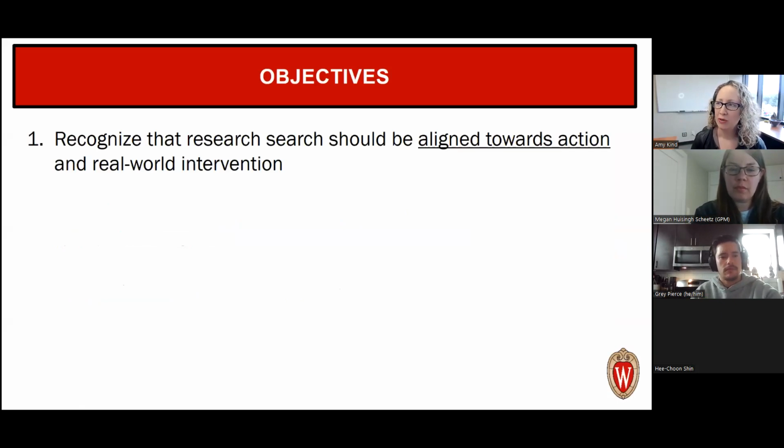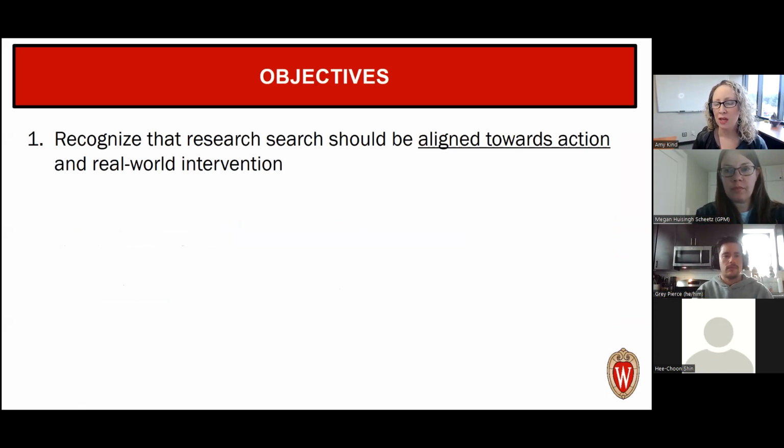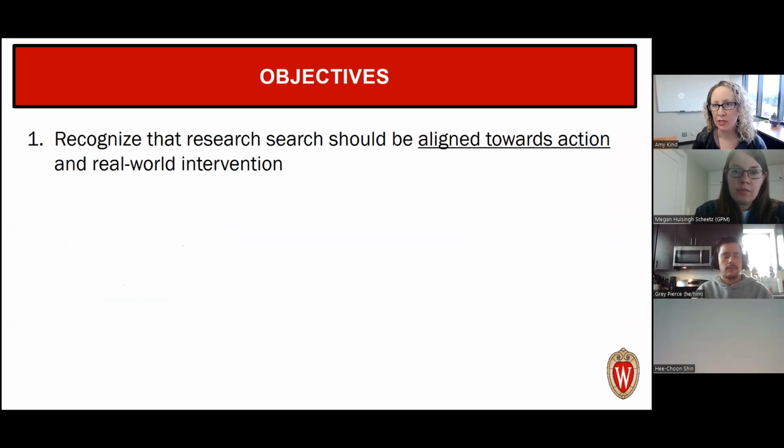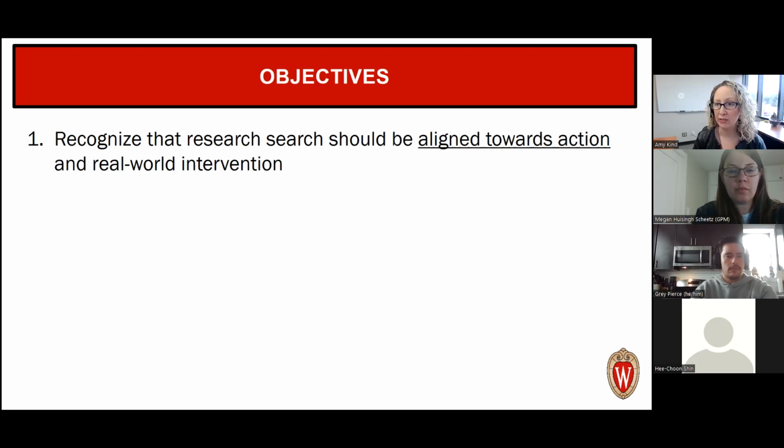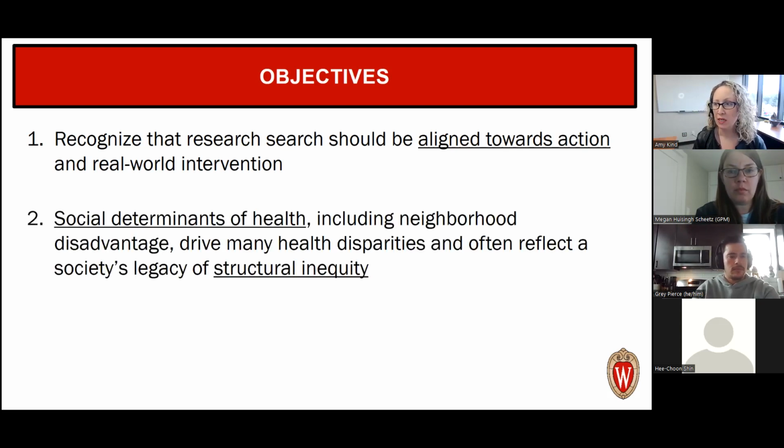So some objectives for our talk today. We're going to talk about the importance of aligning research towards real world action, and the importance of not just asking a research question, but asking it in a way that leads to real world change. It's a hard thing to do, but we'll talk about how you can do that with different types of techniques.